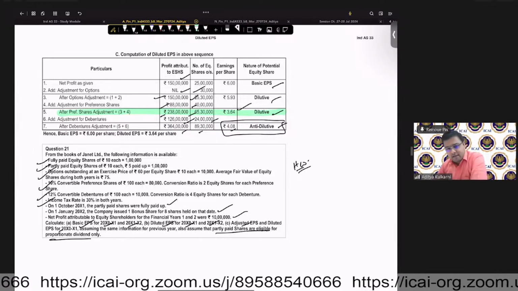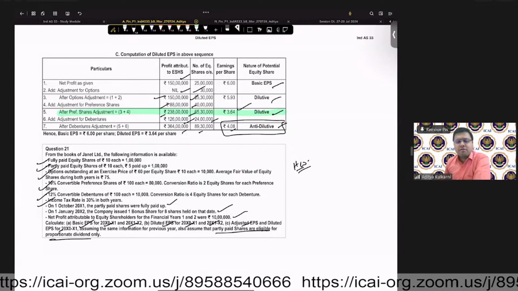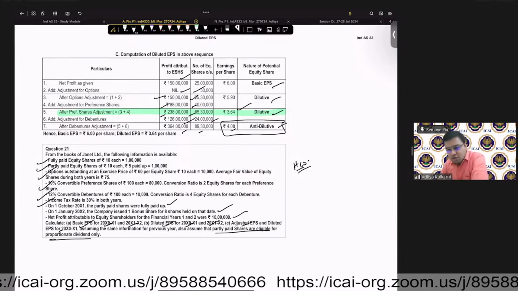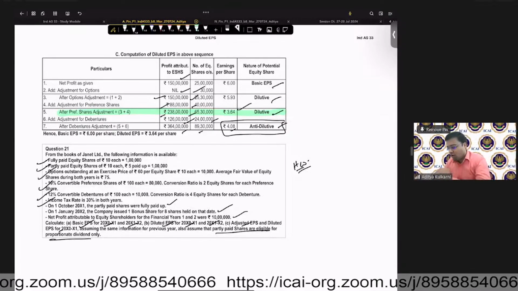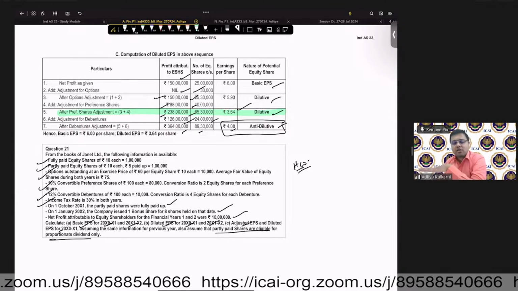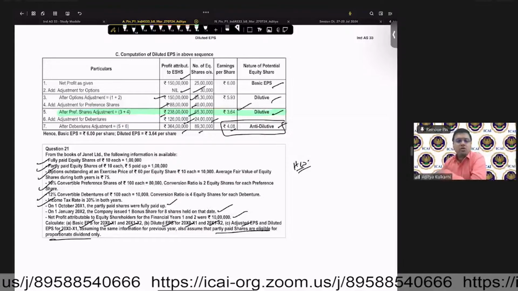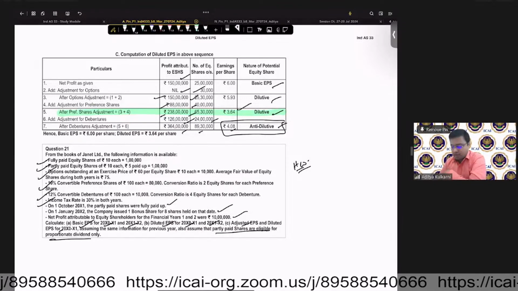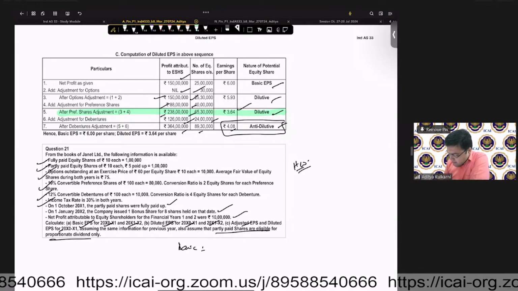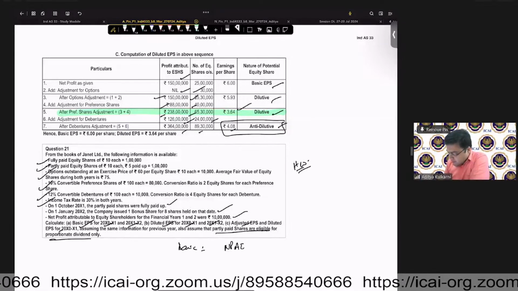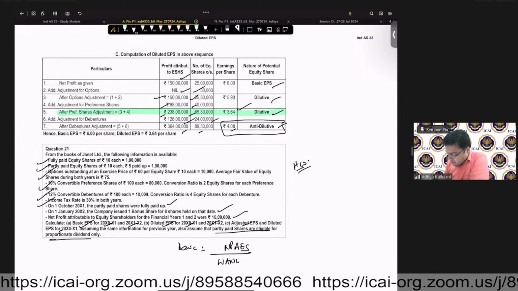Again, remember, not the ideal aspect of financial instruments as yet. So just do it so that you understand the adjustments of EPS. All these things have an impact on the denominator as well as the numerator. Basic is nothing but net profit attributable to equity shareholders divided by weighted average number of shares.